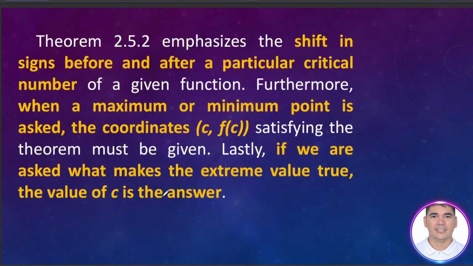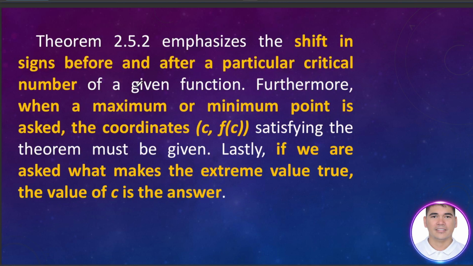So the theorem emphasizes the shift in signs before and after a particular critical number of a given function. So we learned in our previous lesson that the critical number is the part where the function is neither increasing nor decreasing. Ito yung part na hindi na makikita kung nag-increase ba or nadi-decrease si function.